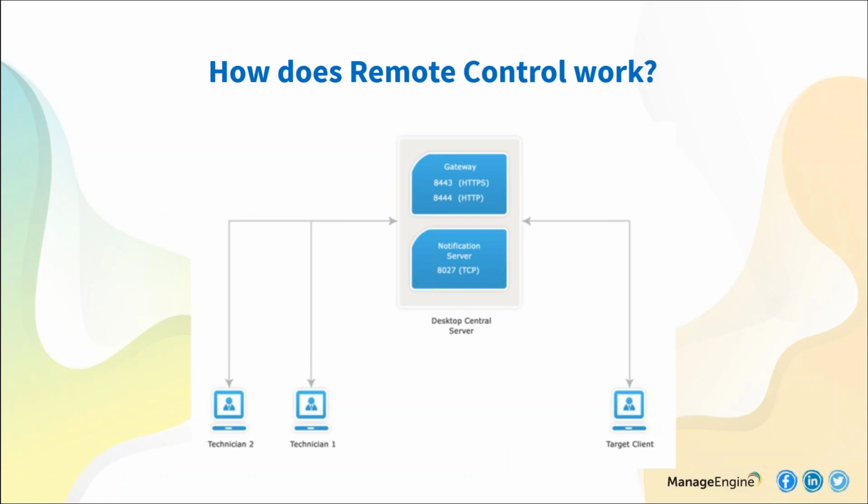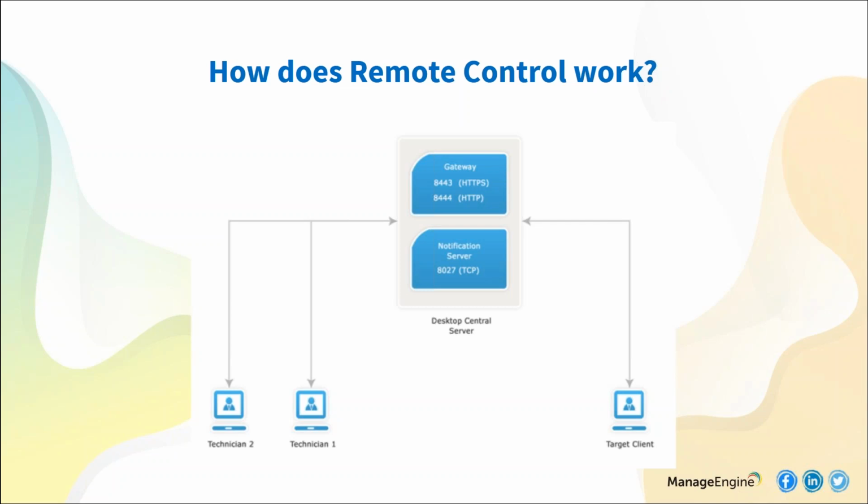Whenever you trigger something from the server, the notification server initiates the task on the target machine and has the target machine connect with the server. So this notification server and the port are essential for all on-demand operations. The moment the technician initiates the connection, the request goes to the server.